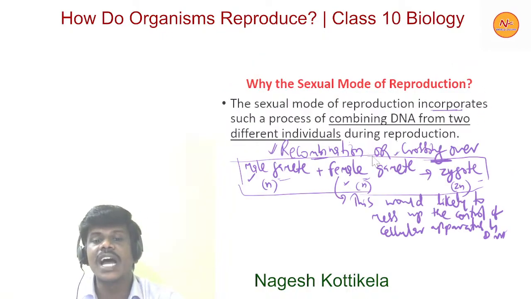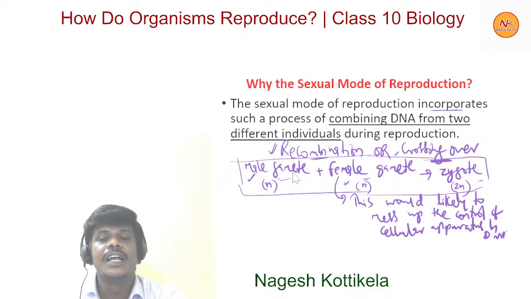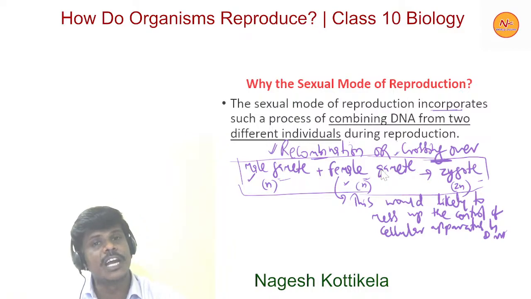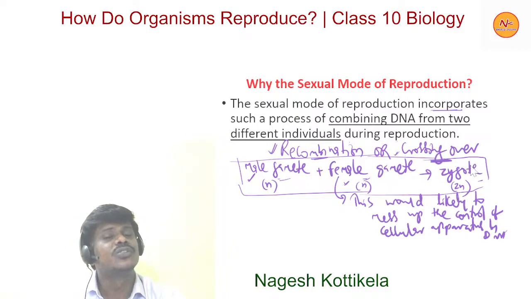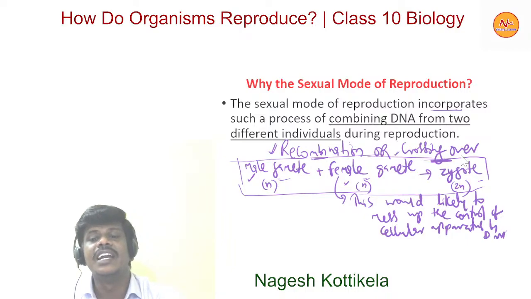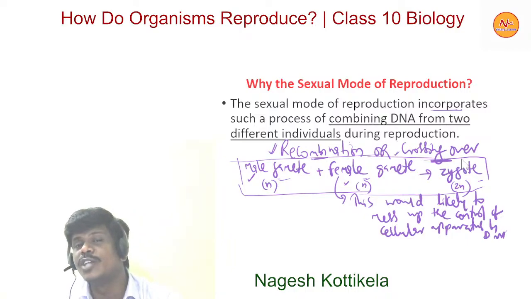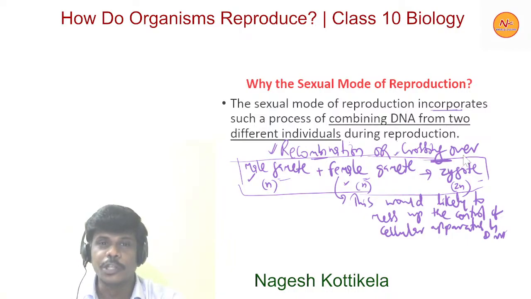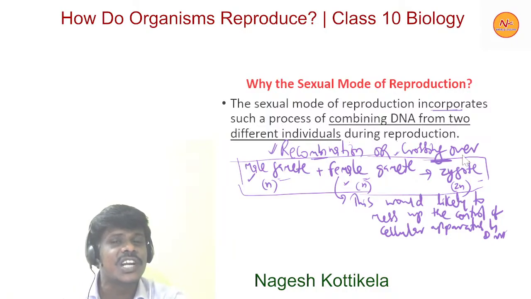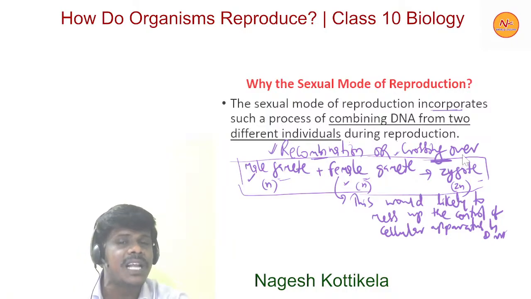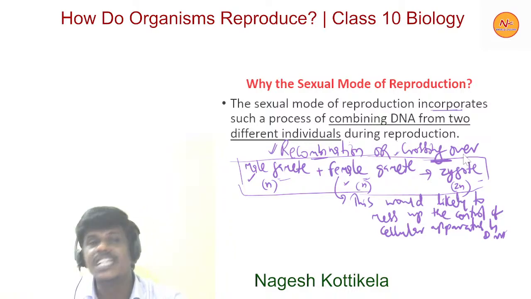It has solved the problem created by sexual reproduction. We discussed that in sexual reproduction, the male gamete fuses with the female gamete and results in a zygote, which has the DNA of both the parents. If in every generation the amount of DNA and the number of chromosomes were doubled, that would be a problem, as it cannot be accommodated in the cell.